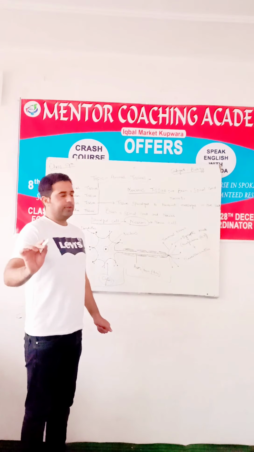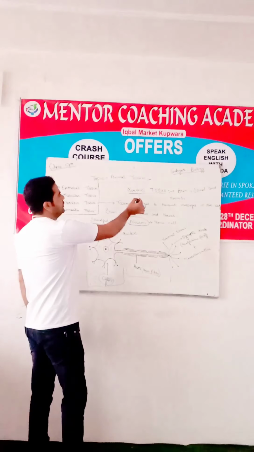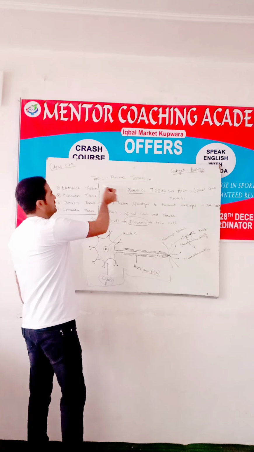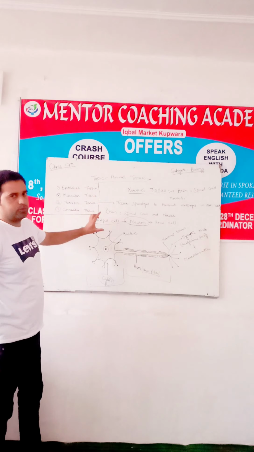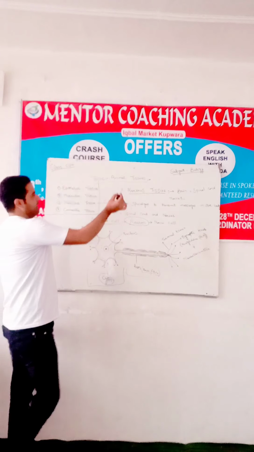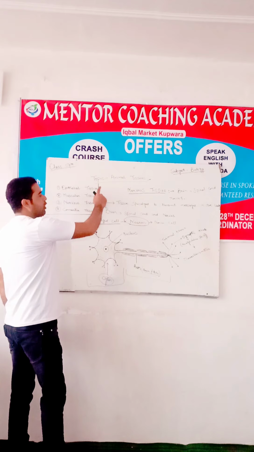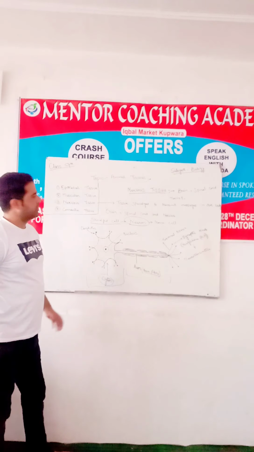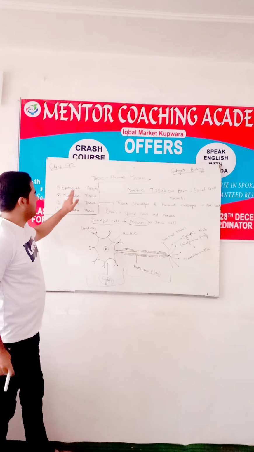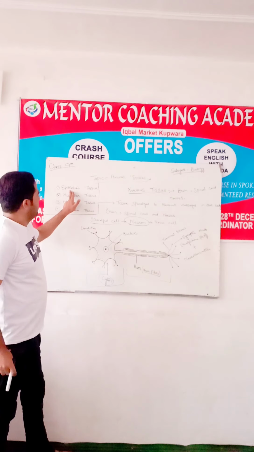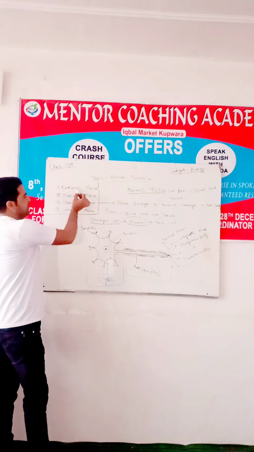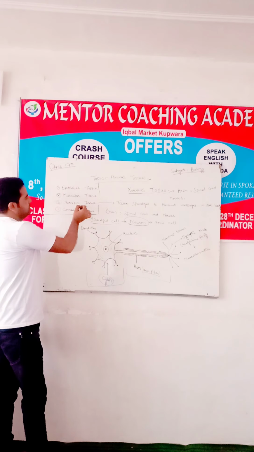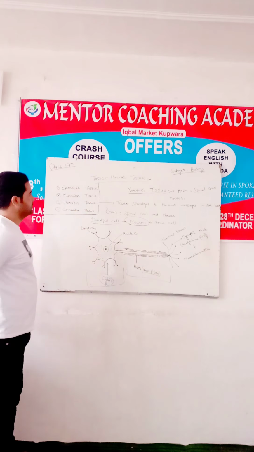As I have already told you, nervous tissue is basically one of the types of animal tissues. In order to perform different types of functions, animals have different types of tissues. These tissues are the epithelial tissue, the muscular tissue, the nervous tissue, and the connective tissue.